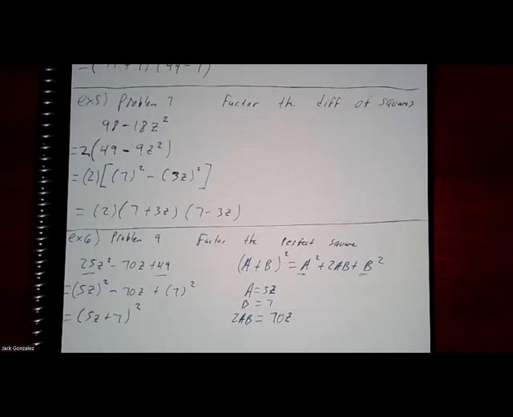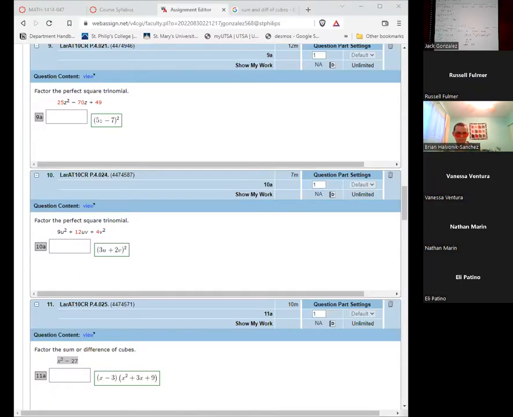So you do the same thing for 10 right here. Rewrite that first term as 3u squared. And then we got that middle stuff here, 12uv plus 2v squared.